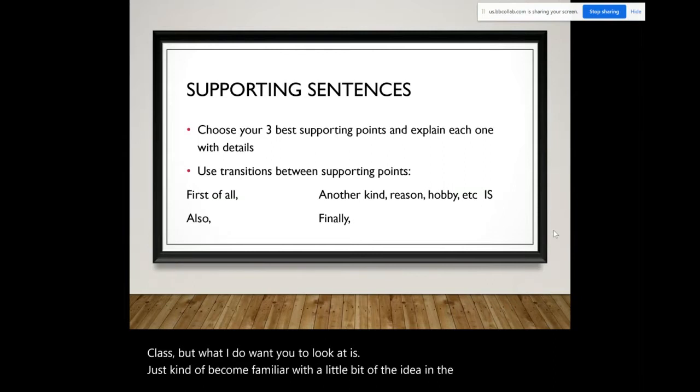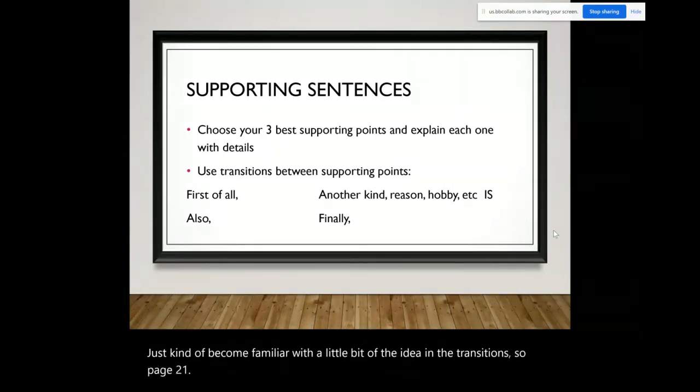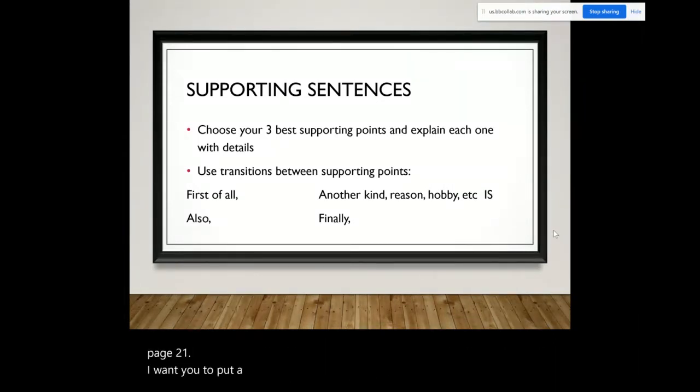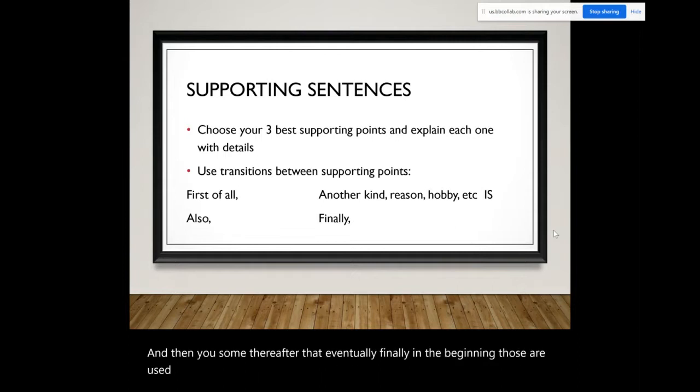So on page 21, I want you to put a star or mark at the top where it says the transitional expressions, and then you see some there. After that, eventually, finally, in the beginning, those are used for time. Then turn to page 22.